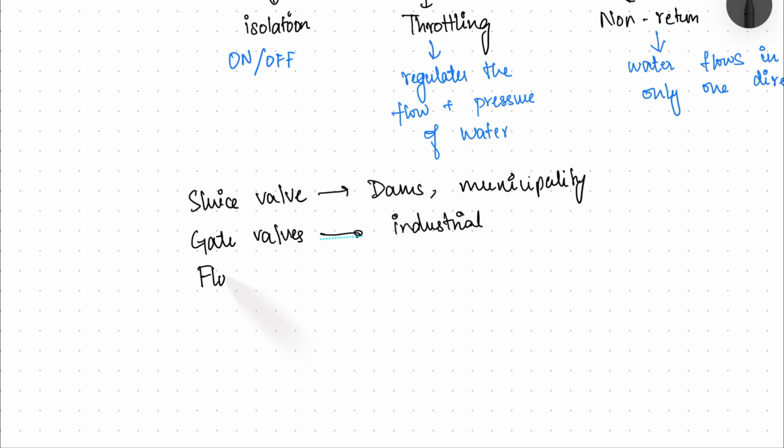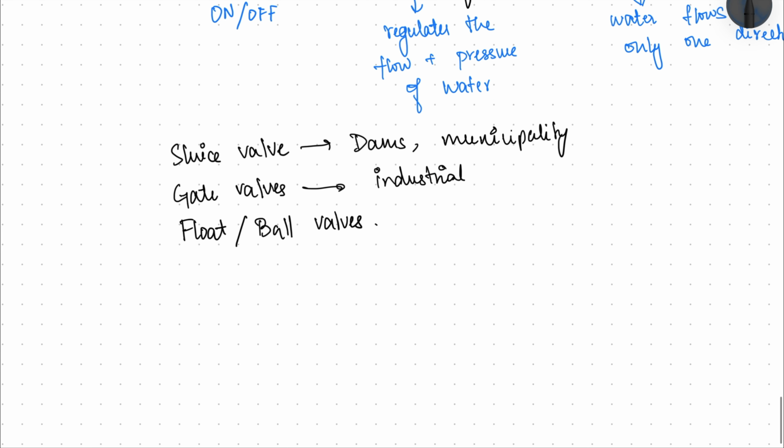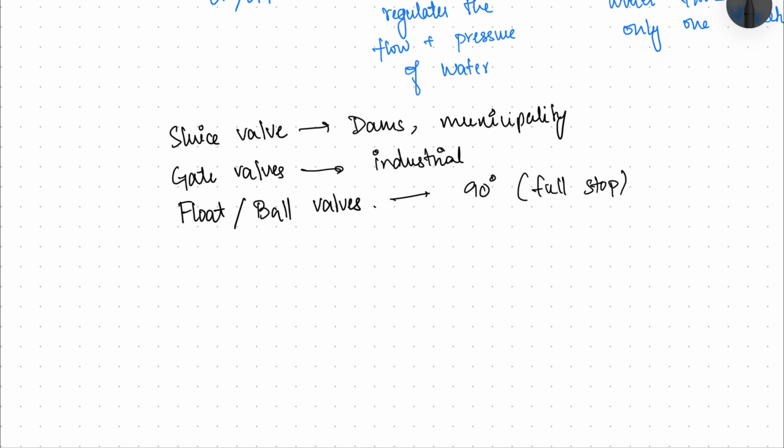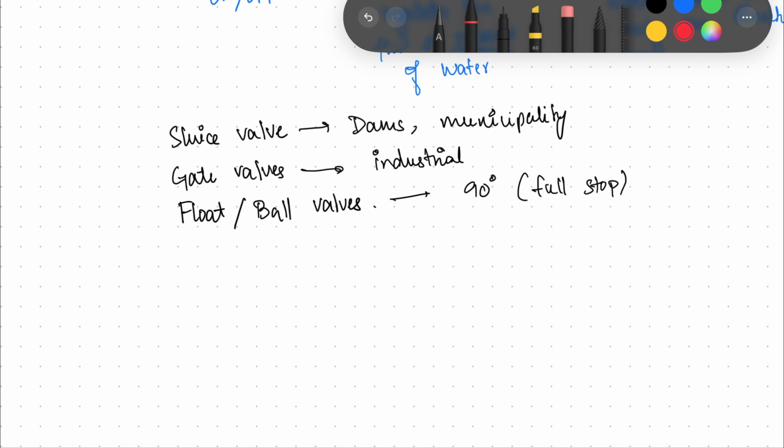Float or ball valves, where a 90-degree turn means full stop. You don't have to keep rotating it. So a 90-degree turn of the valve means full stop or full on. And these are all your isolation valves.